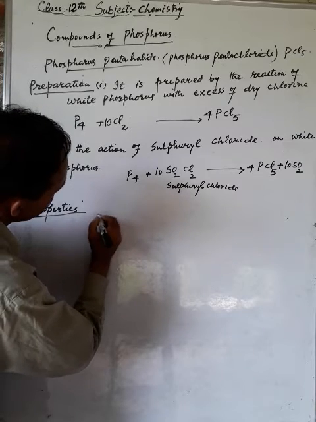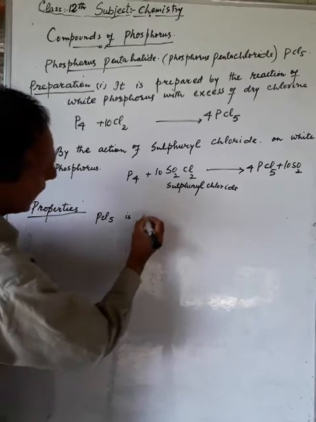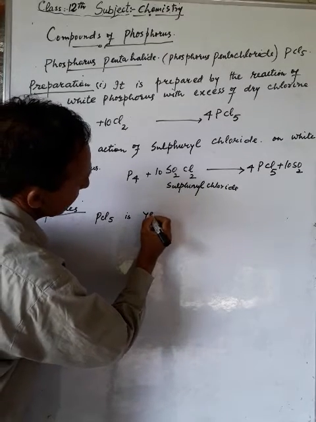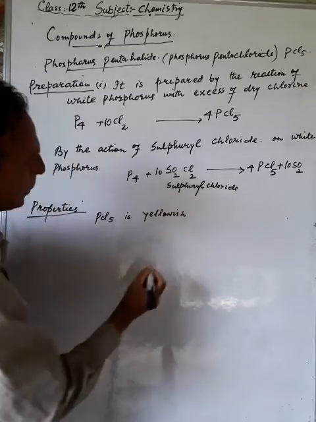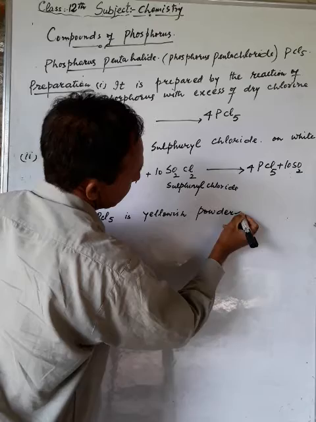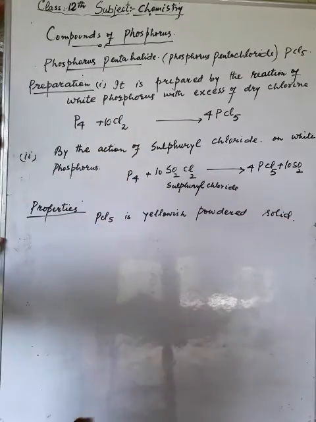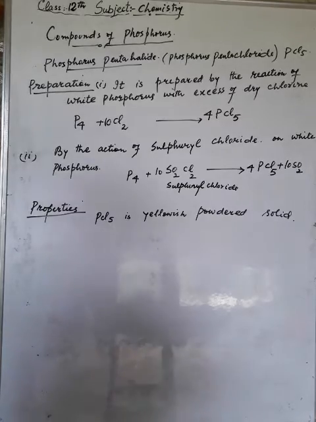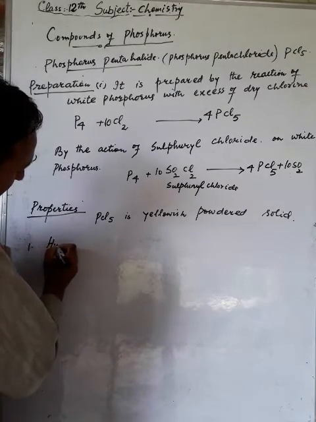PCl5 is a yellowish powdered solid. Its chemical properties are: number one, hydrolysis.